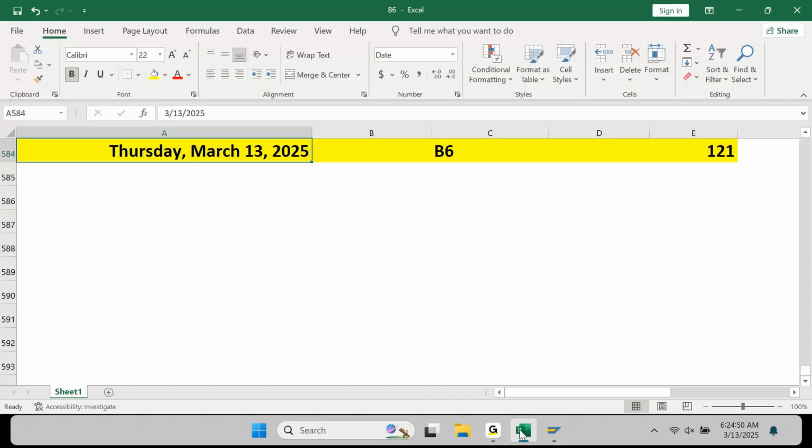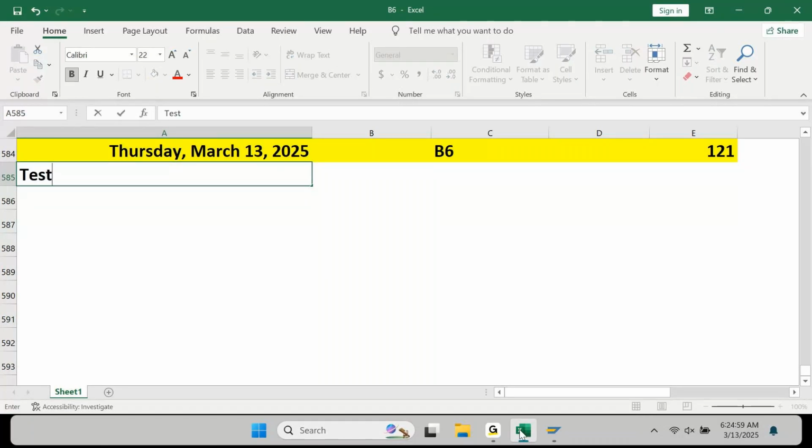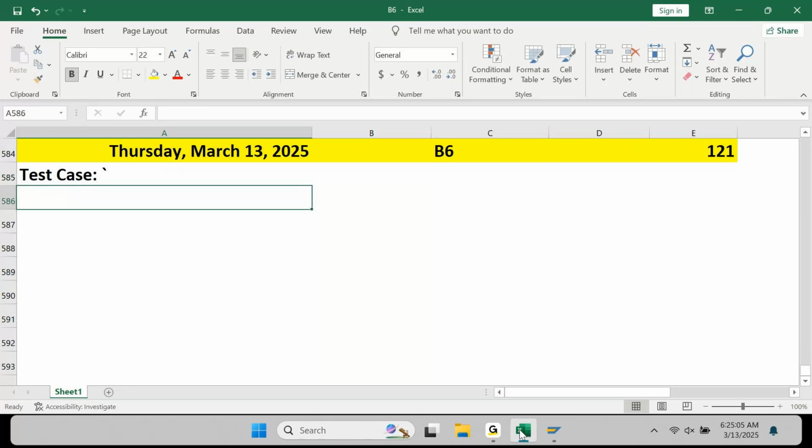Once FIST integration configuration is completed, we need to create a test case or a test scenario. Let's say test case number 1. FIST means what do we do usually? We buy or we sell? We sell.